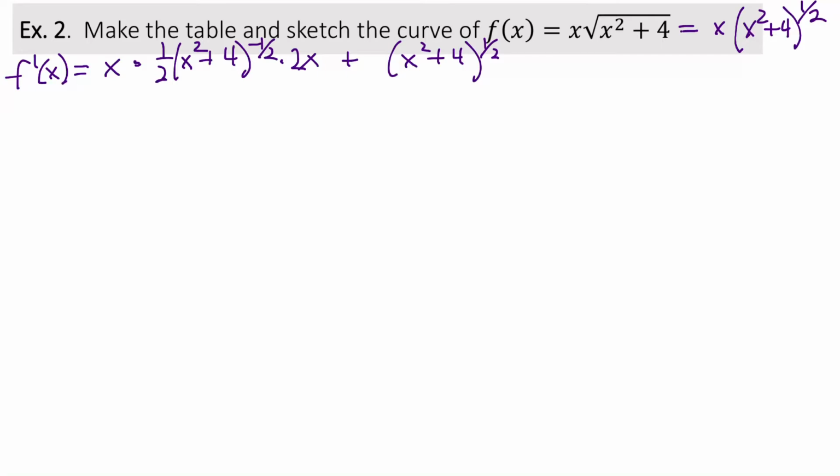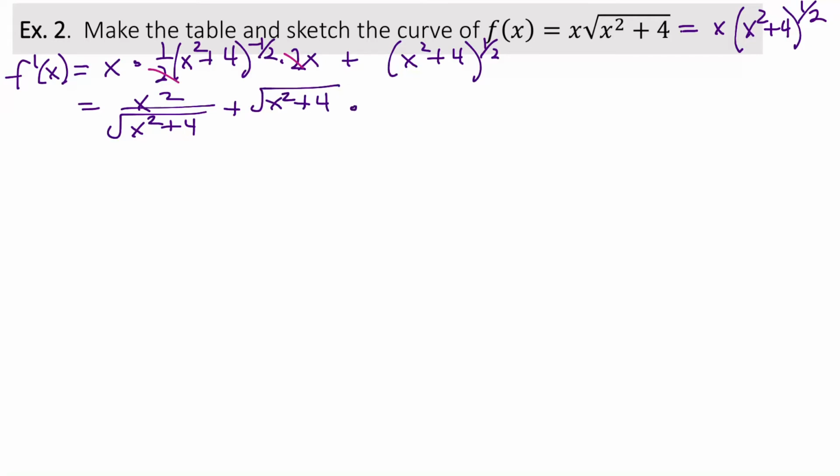I can cancel these 2's out here. So I've got x squared divided by the square root of x squared plus 4, plus the square root of x squared plus 4.